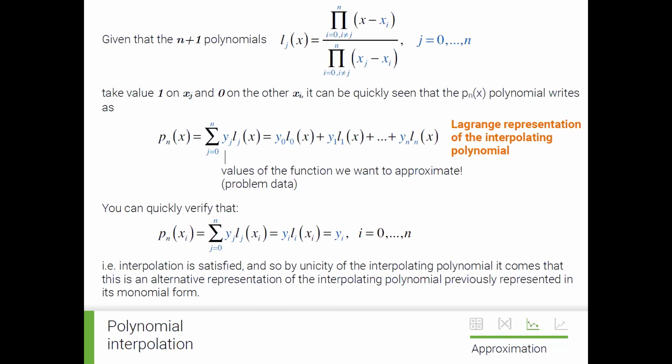Then it will be an approximation of the previously given function. Here we considered the Vandermonde system, but it's also not a good way to compute when it's an ill-conditioned problem. That's why we find here a new representation, which we call the Lagrange representation, and we will work with this representation.